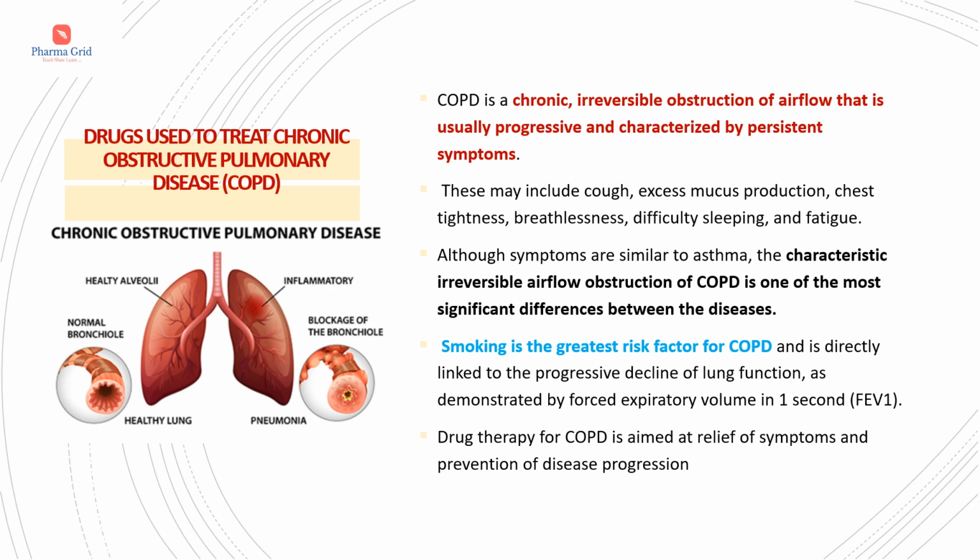Although the symptoms of COPD are similar to asthma, the characteristic irreversible airflow obstruction of COPD is one of the most significant differences between the diseases. So the main difference between asthma and COPD is that in COPD, the airflow obstruction is irreversible.